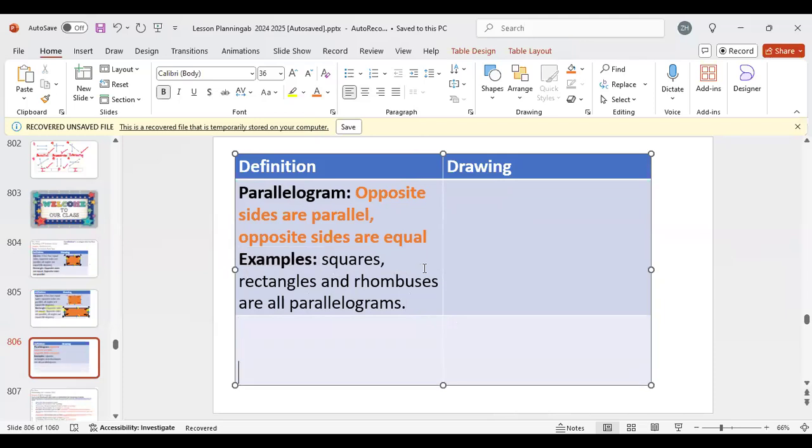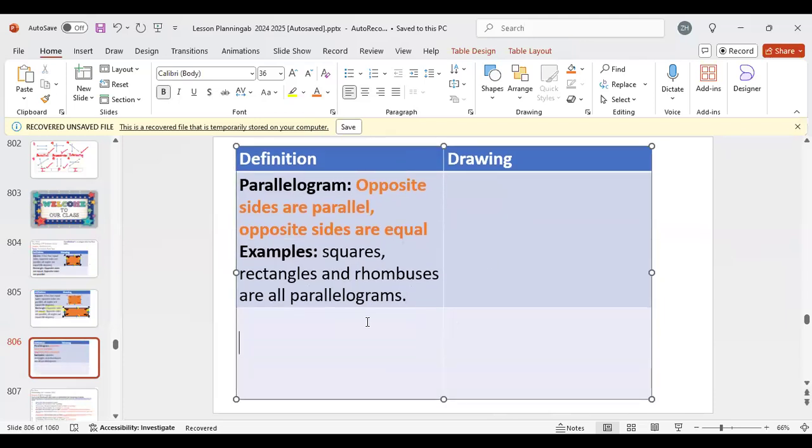But they're not the only type of parallelograms that we have, right? We have different types of parallelograms. Let me just show you an example of a parallelogram. Shalise, are you there?